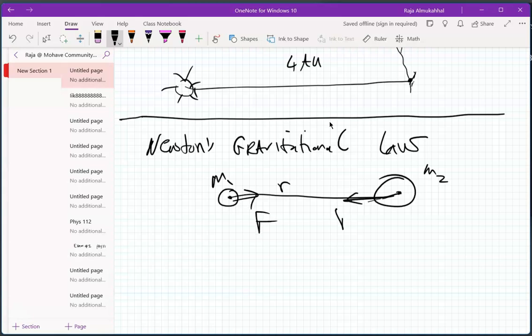There is a force of attraction, there is a tendency for them to come together, and this force is equal to G, the universal gravitational constant, times the product of the two masses divided by their distance squared. Okay, so Kepler's third law can be derived using this formula right here.